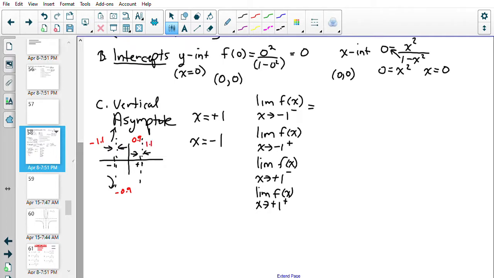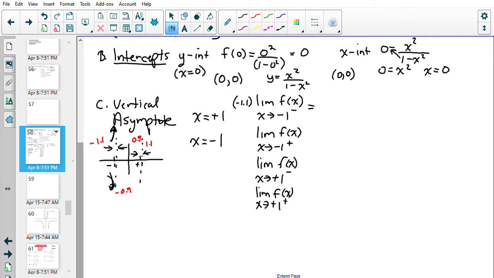You really just want to know, if you plug those numbers in, is the number positive, meaning is it going up to positive infinity, or is it negative, meaning it's going down to negative infinity? We don't need the number, we just need to know if it's positive or negative. Okay, so remembering that the function is x squared over 1 minus x squared, we're plugging in a negative 1.1, for example.